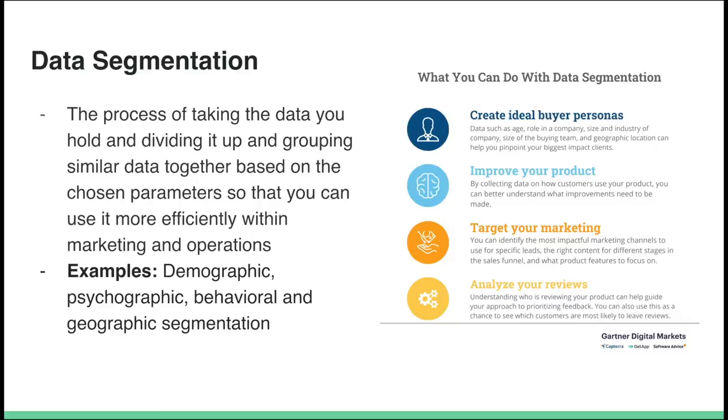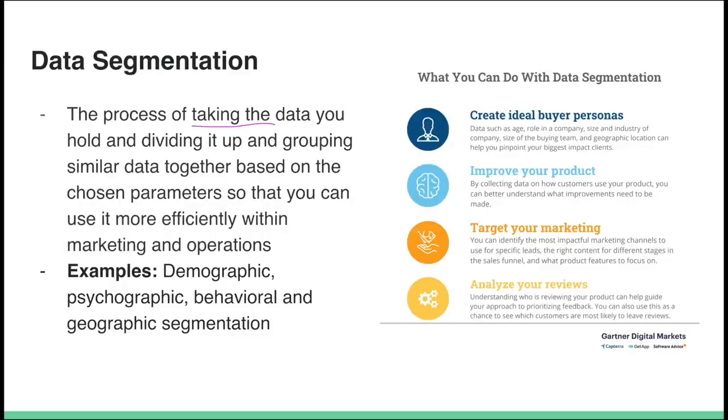The last concept we're going to cover is data segmentation, which is weird to throw in here because it's a bit fluffy and I don't really see where it fits in, because we're going from machine learning to just dividing data. But anyways, data segmentation is the process of taking your data and dividing it by certain parameters.